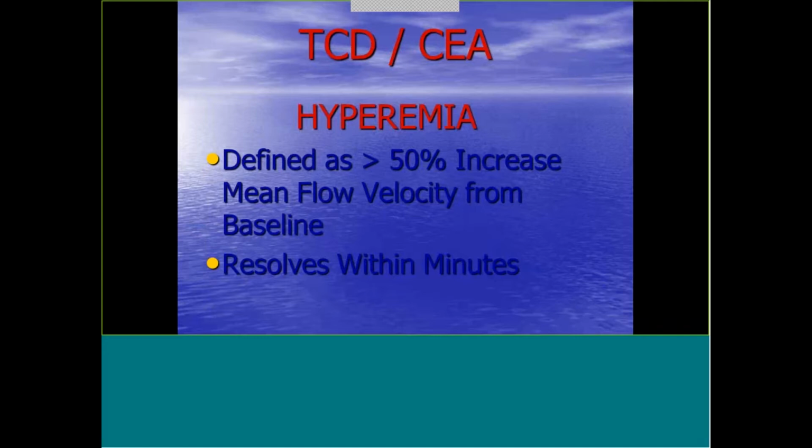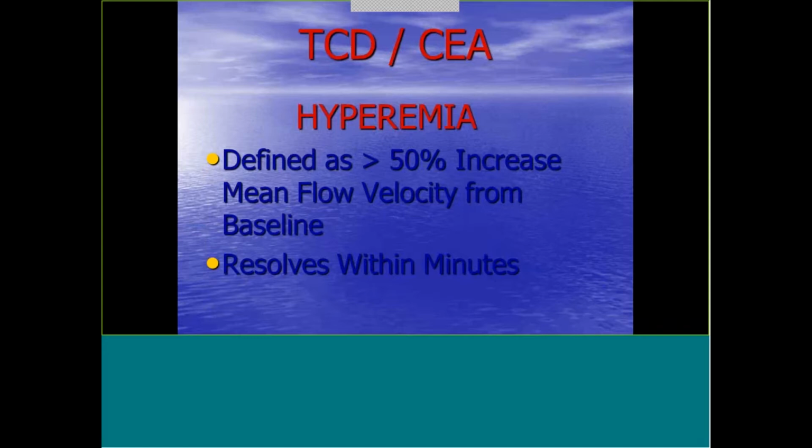If it's greater than 50%, so my flows were 40-ish following anesthesia, and my flows now post-endarterectomy are 100, that's hyperemia. That's not a good velocity we want to have.